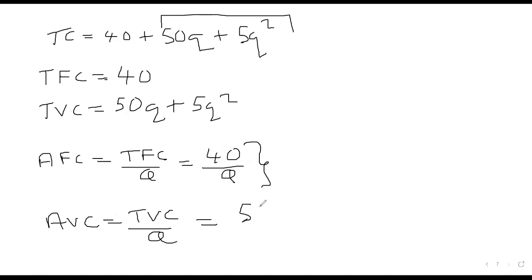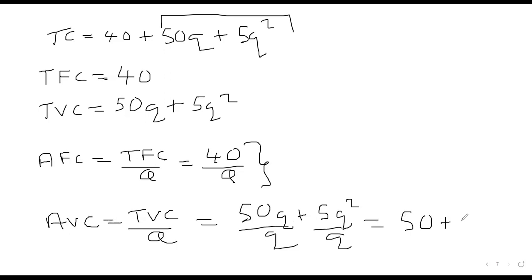So this is 50q plus 5q squared. We divide by quantity. What do we have? 50 plus 5q. This q cancels here. This here will remain with 1. So we're going to have 50 plus 5q.